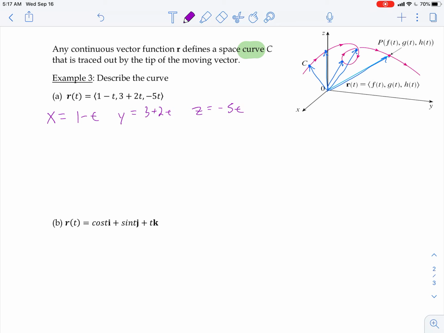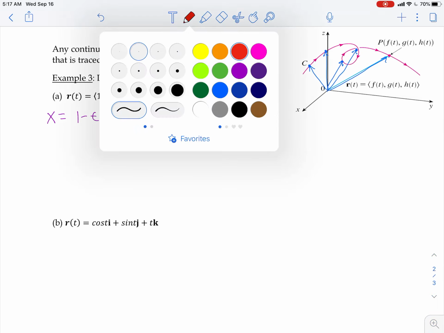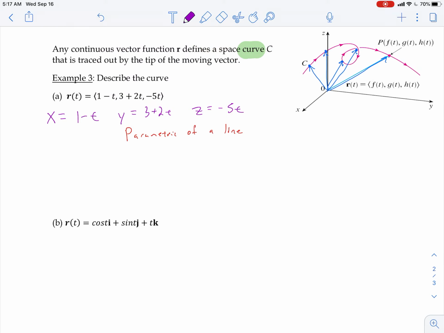But one thing I want you to notice is that this should look familiar. The reason is that these are just parametric equations of a line.